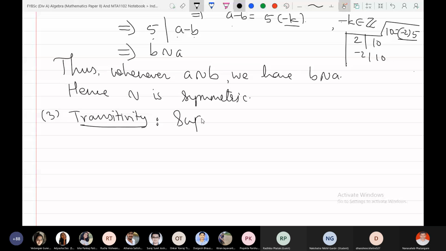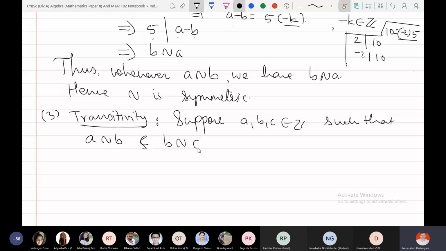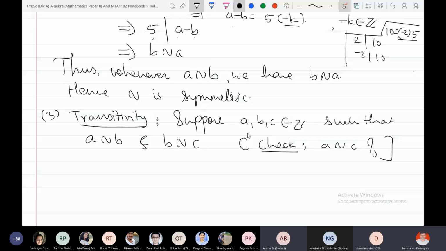Suppose a, b, c are integers such that a is related to b and b is related to c. What do we want to check? Whether a is related to c or not. This is what we want to check.